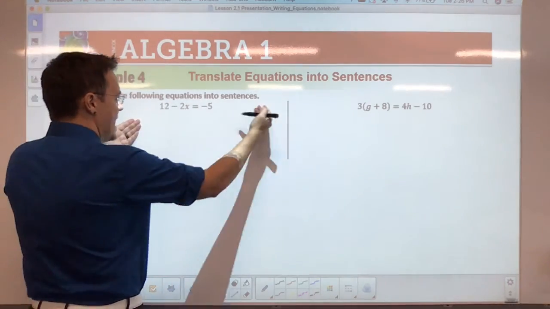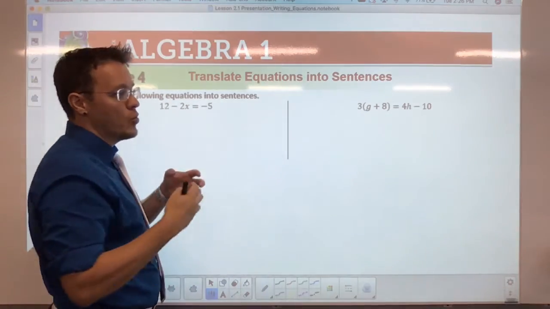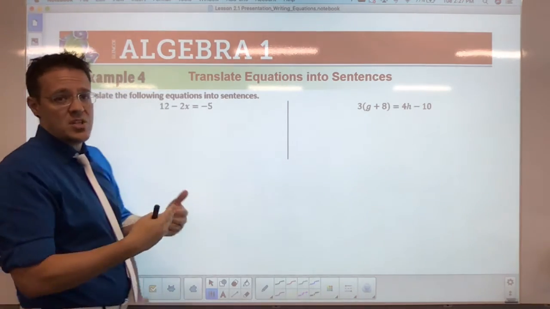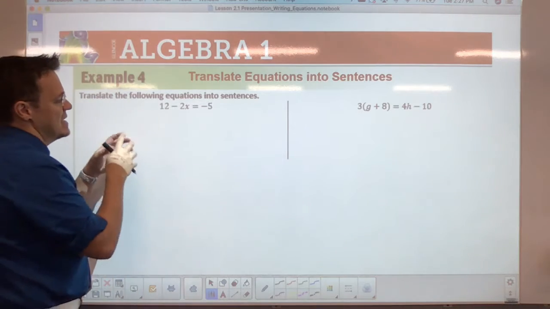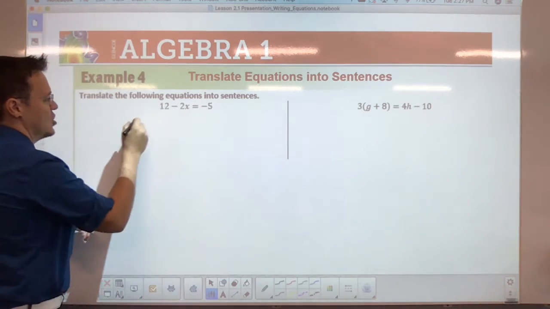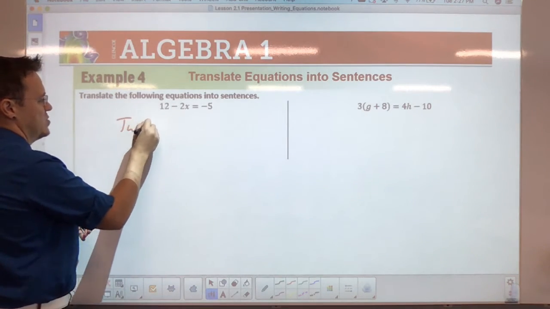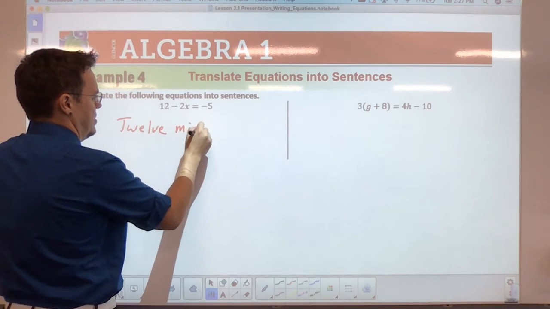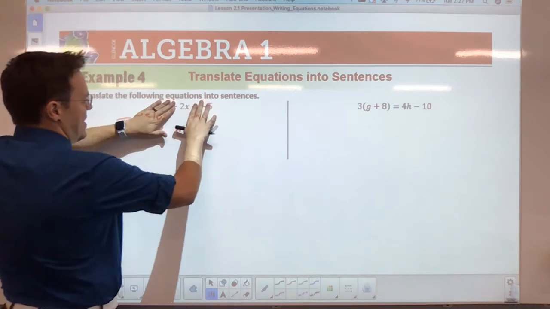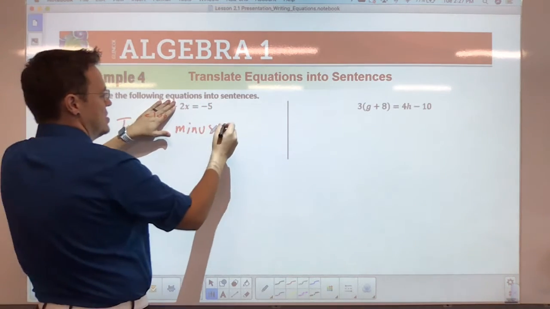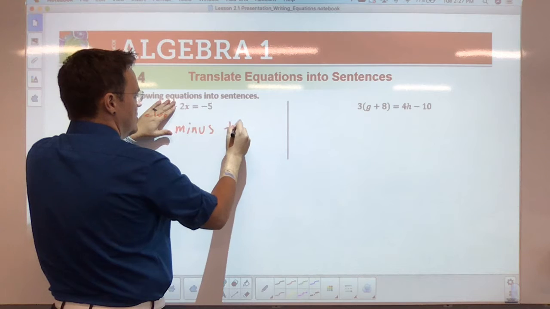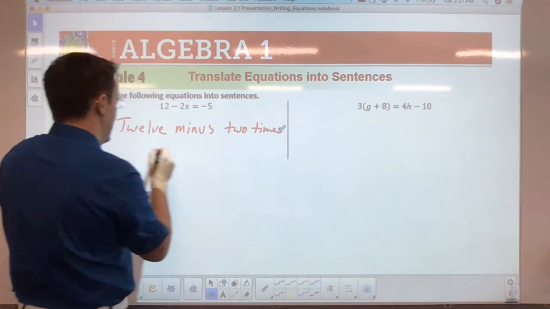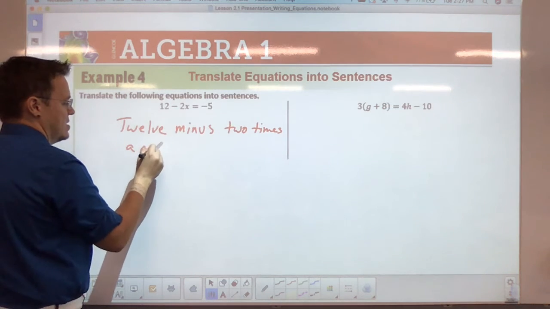So we'll read this as we go. The only wrong answer is not to do this. You can change out some of the language as we go through this, but please understand the basic concepts behind it. So like we would start with 12, right? Because we know what that is. And then I always like minus. Okay, and then it's, what is that? That is 2 times, so it would be 2 times a number x.